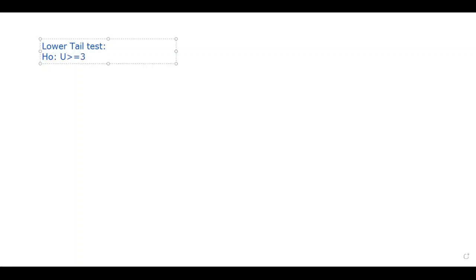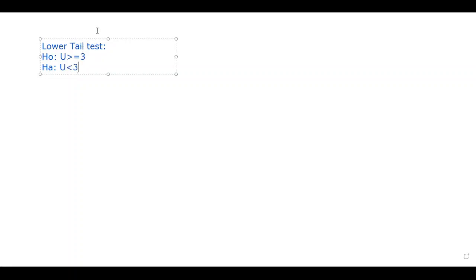Let's use 3. And the H A, let me use the capital S. If H0 says greater than or equal to 3, the H A will challenge it, so it will be less than 3. So this is the lower tail test.